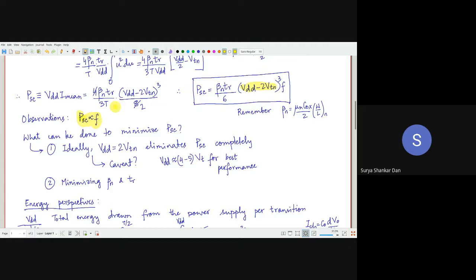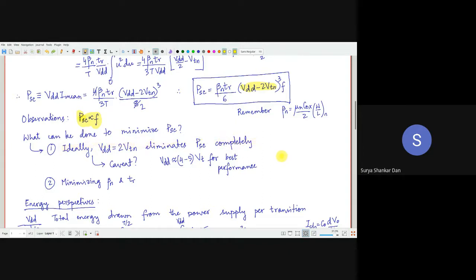Short circuit power is just wasted power, dissipation. However, if we can somehow design the circuit like this, VDD equal to twice VTN, from the equation itself you will understand PSC will be 0 irrespective of any other factor. So this is what I'm trying to do ideally.